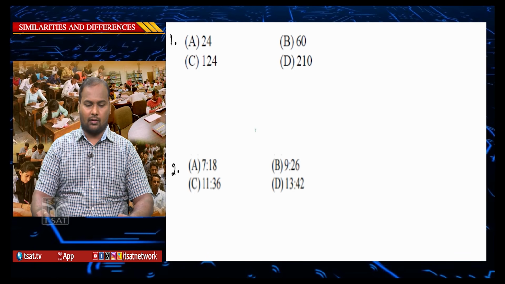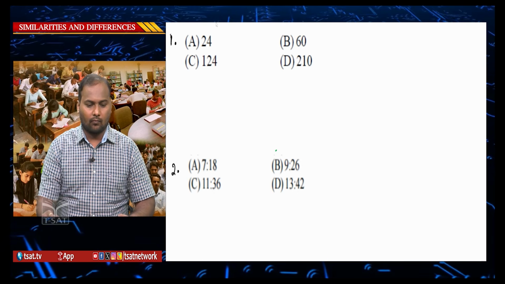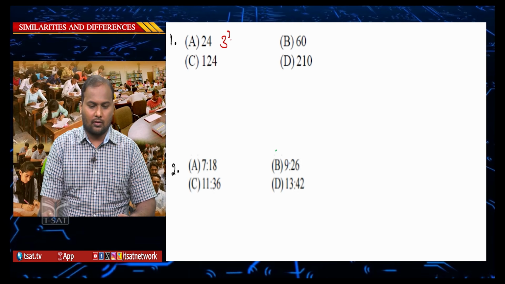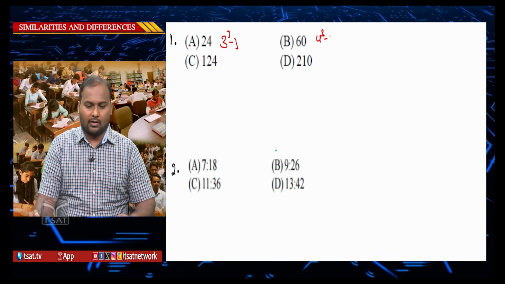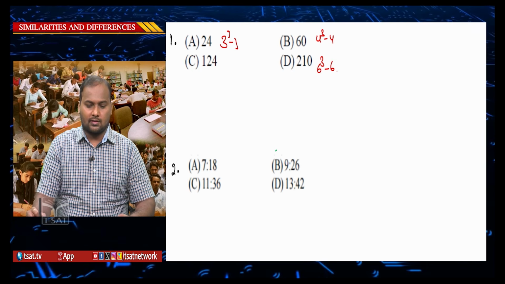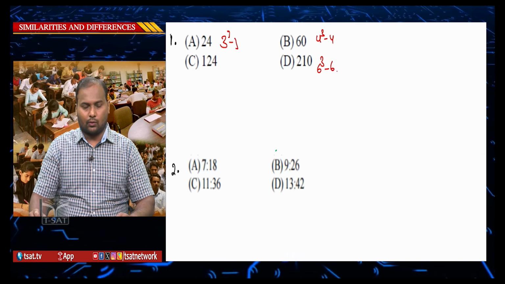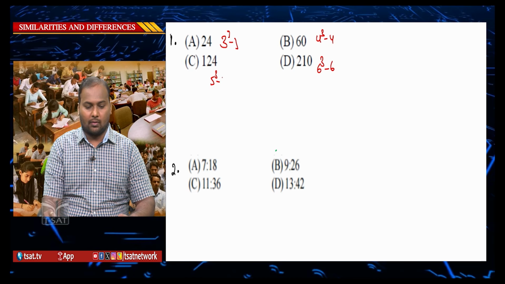I can write 24 as 3 cube minus 3, 60 as 4 cube minus 4, and 210 as 6 cube minus 6. But 124 is also in cube format, but the format is 5 cube minus 1.